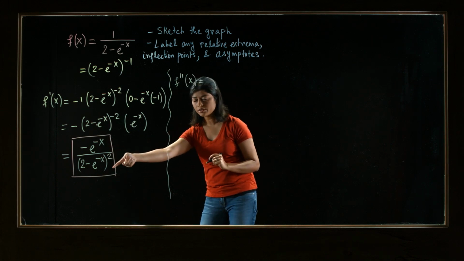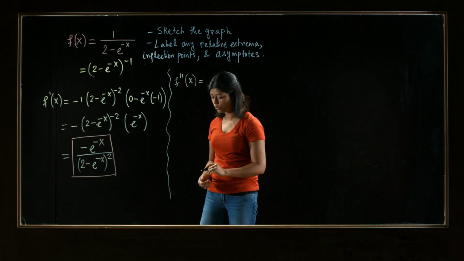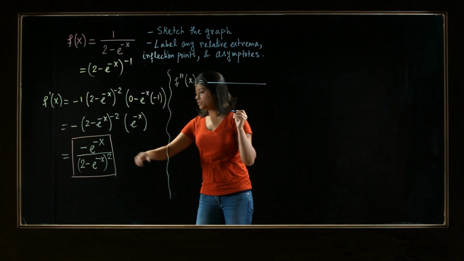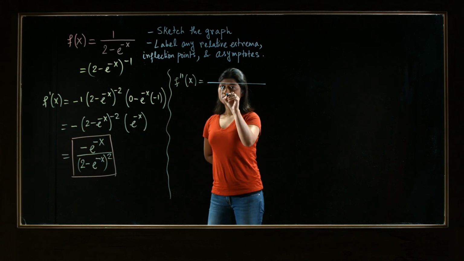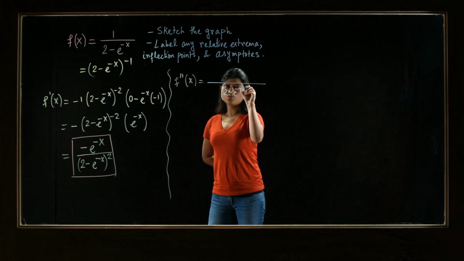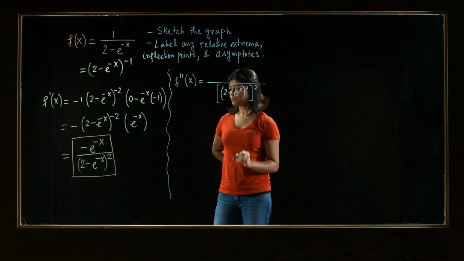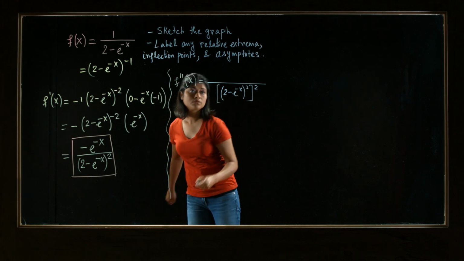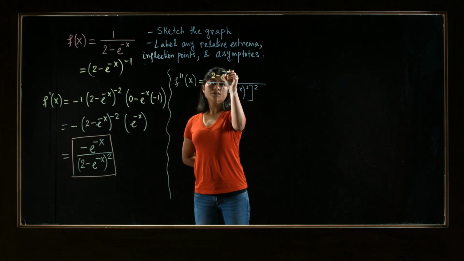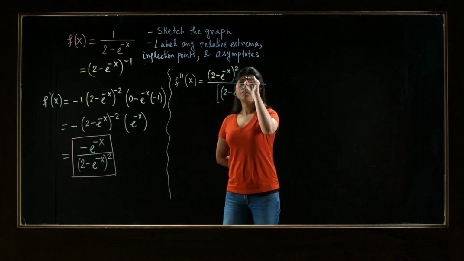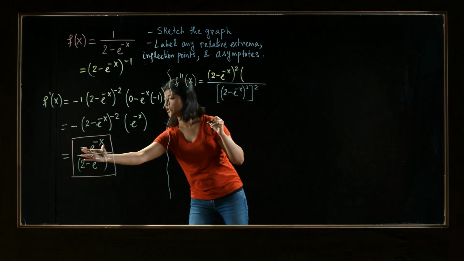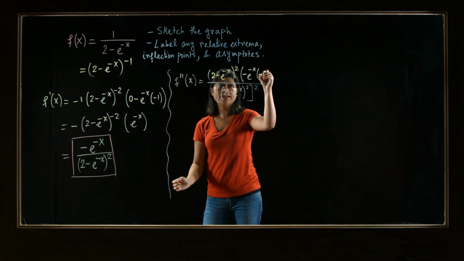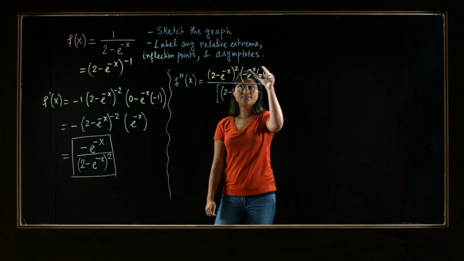Notice that this is a quotient, and therefore we will be using the quotient rule. So, let's do that. The denominator gets squared. So, we have 2 minus e to the negative x, squared, and then squared again. And then in the top, you keep this function as it is, so 2 minus e to the negative x, squared. And take the derivative of the numerator. So, it's negative e to the negative x times negative 1 because of the derivative of negative x.